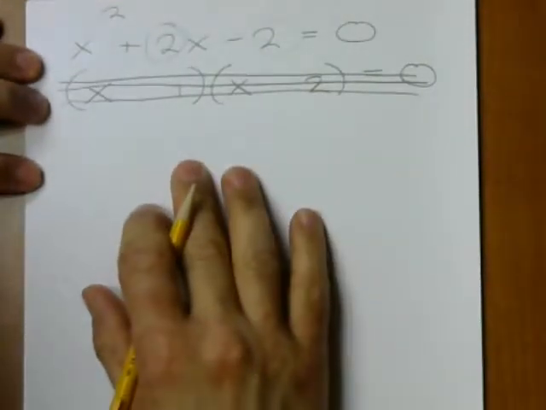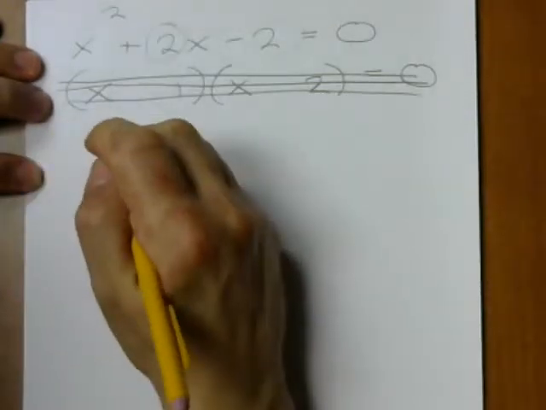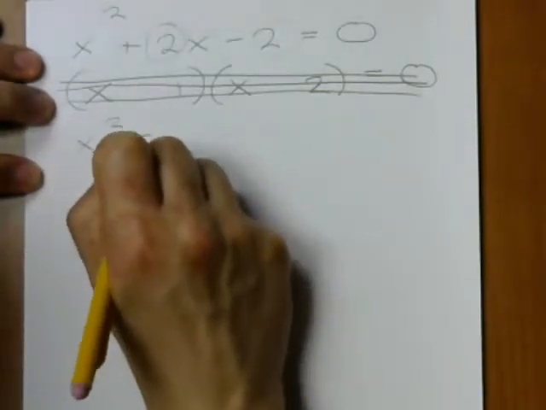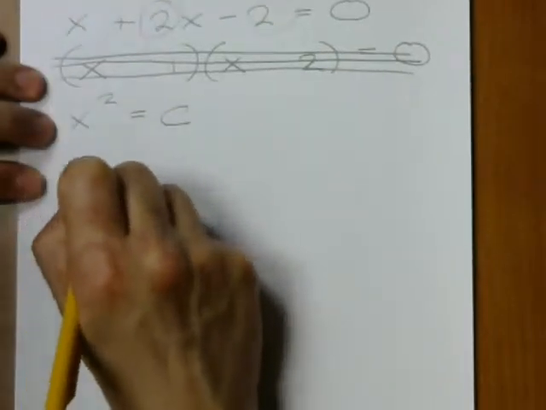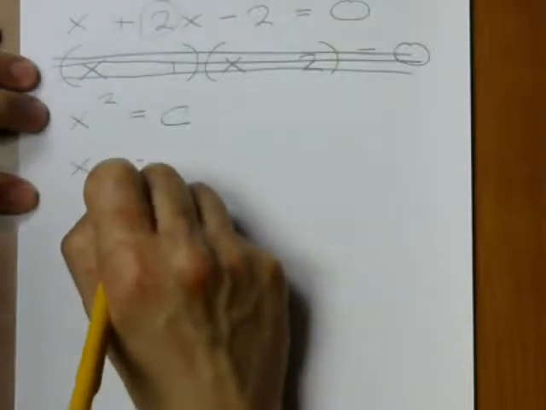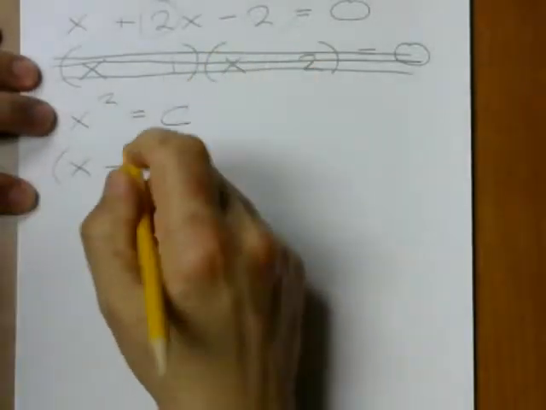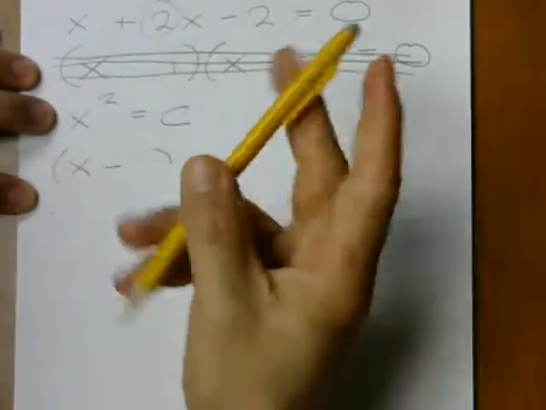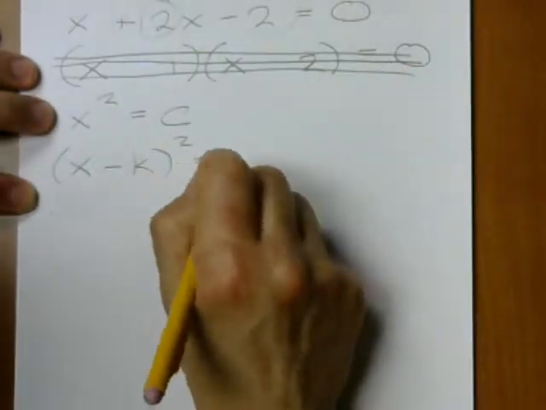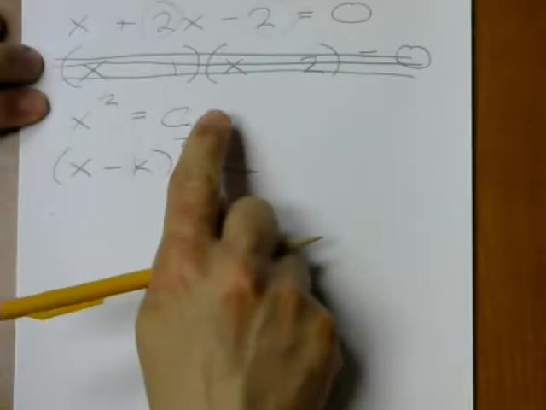So what's an idea that I can use? Well, I really liked problems that had something of the form x squared equals a constant, or x minus some number squared equals a constant. Let's not use a, because we're using that for the coefficient of x squared. Let's use k. These are really easy for me to solve.